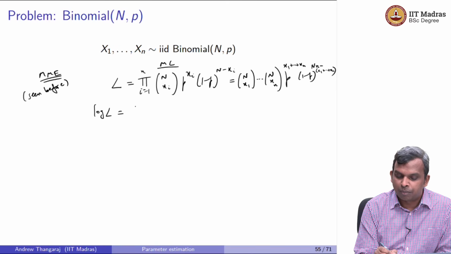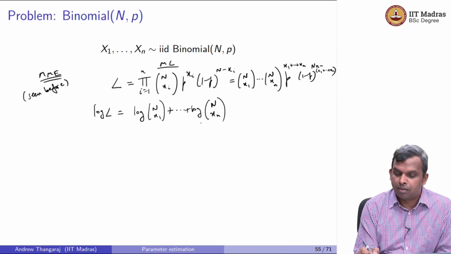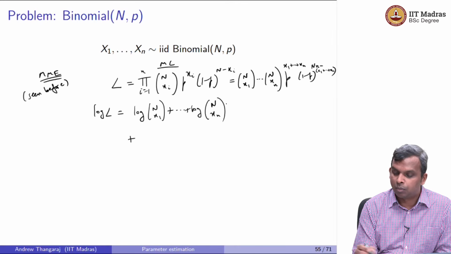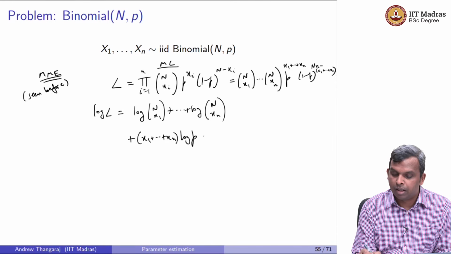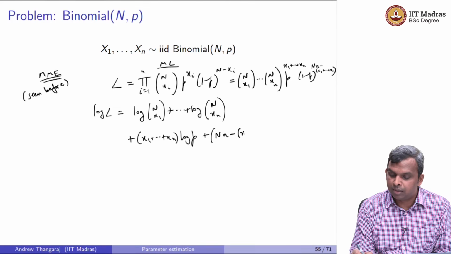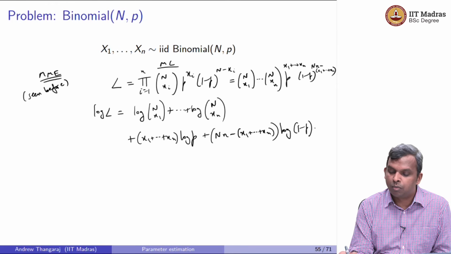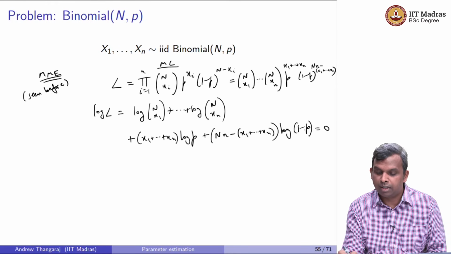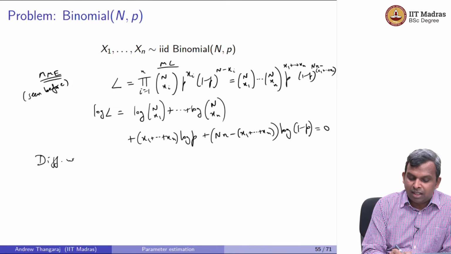So you're going to get log n choose x1 plus so on till log n choose xn, plus x1 plus through xn times log p, plus n times n minus x1 plus through xn times log 1 minus p. Then you can try to differentiate with respect to p, equating to 0. It's ugly enough.